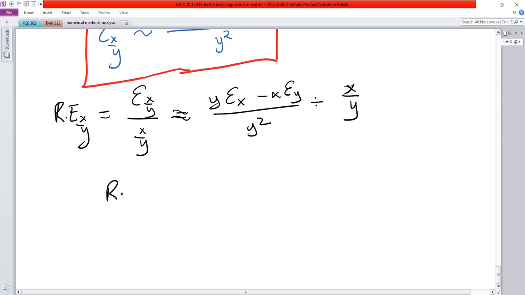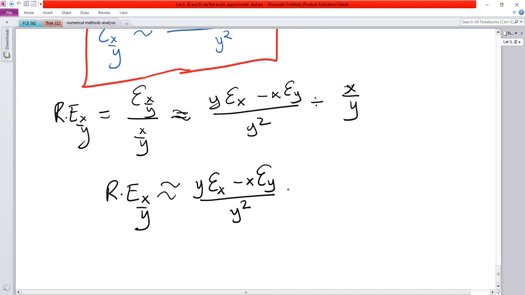So the relative error in x over y is approximately y error in x minus x error in y divided by y squared, times y over x, the reciprocal of this.